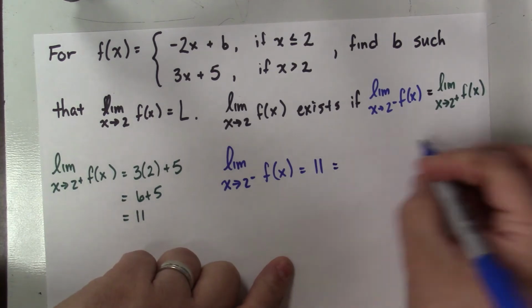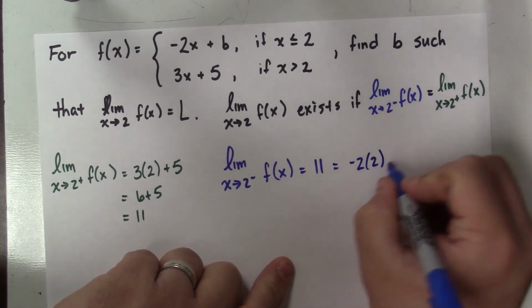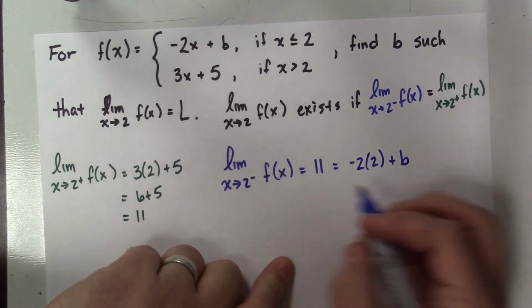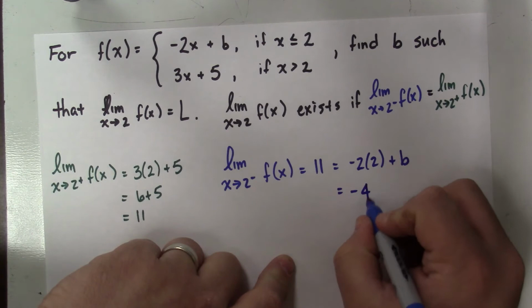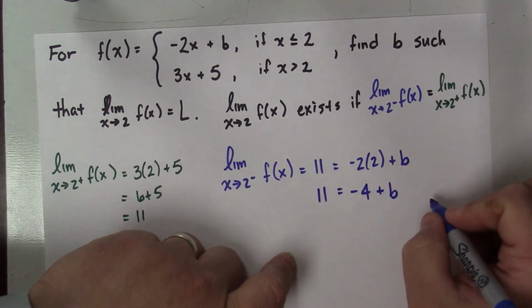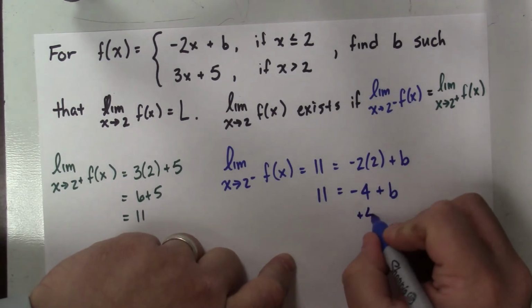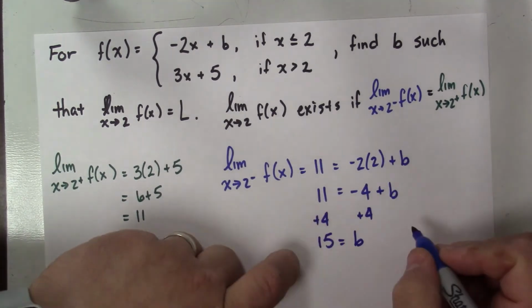So that means that negative 2 times 2 plus b equals 11. Negative 2 times 2 is negative 4, so I'm going to bring this 11 down. Negative 4 plus b has to be 11. If I add 4 to both sides, b must be 15.